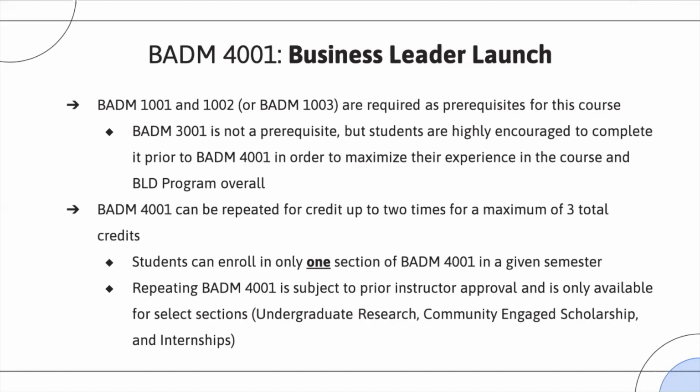However, students can enroll in only one section of BADM 4001 in a given semester. Repeating BADM 4001 is subject to prior instructor approval and is only available for select sections. That includes the undergraduate research, community engaged scholarship, and internship sections. Students are not permitted to repeat the GWSB undergraduate BLD program mentors or GWSB student leadership sections for additional credits.